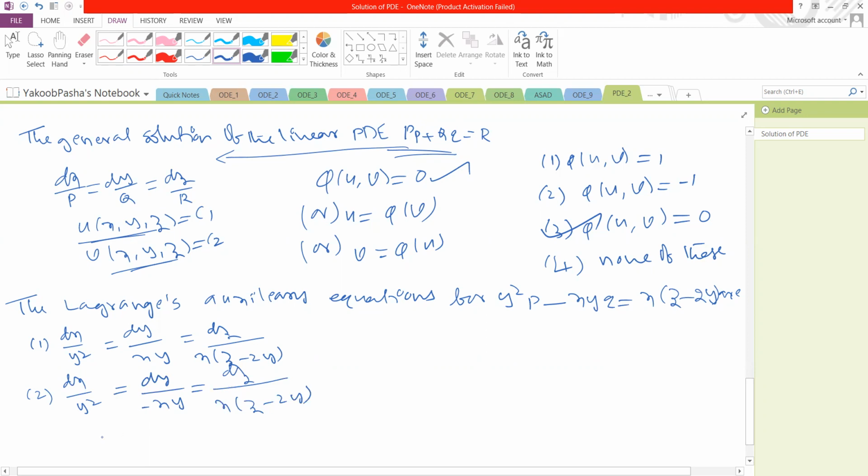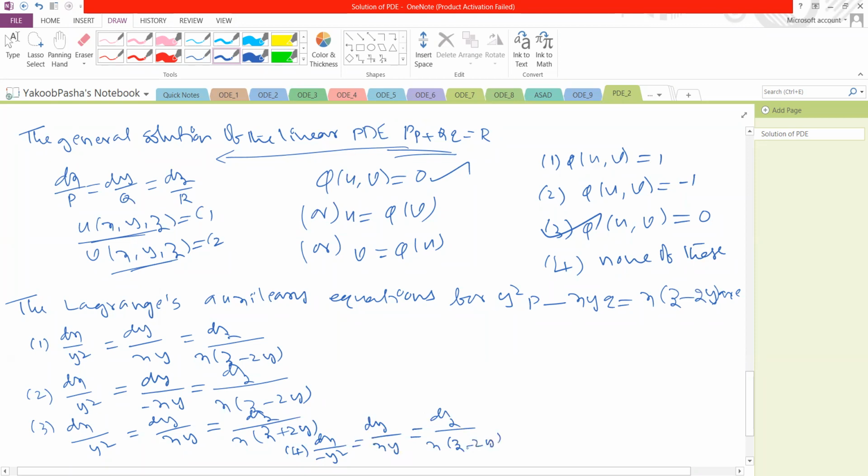Third option: dx by y square is equal to dy by xy is equal to dz by x into z plus 2y. And fourth option: dx by minus y square is equal to dy by xy is equal to dz by x into z minus 2y.